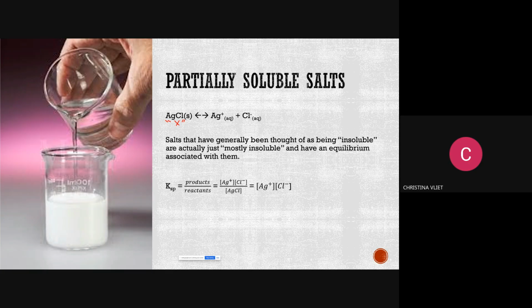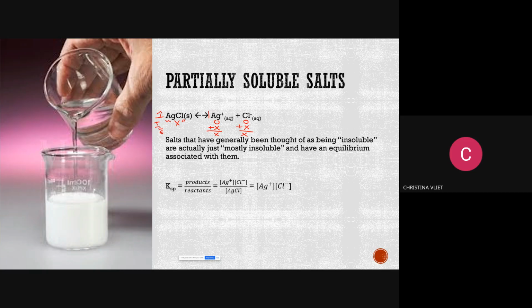If you start off with 0 of each of the ions, the amount that breaks apart would be equivalent: 1 Ag+ and 1 Cl-. We don't know what that X amount is, but we know they're the same as each other, and we would make ourselves a little ICE table to help us figure that out.